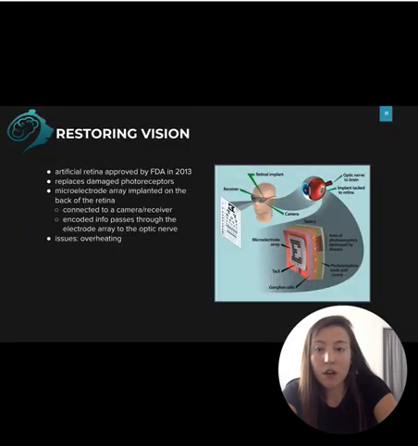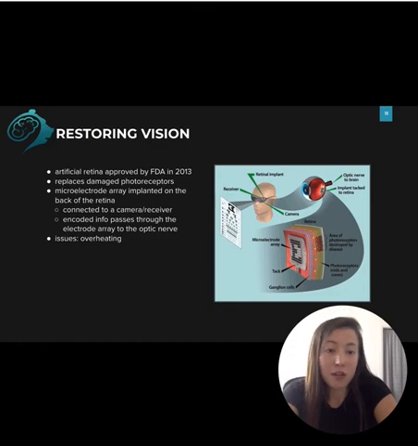So in recent years, scientists have crafted an artificial retina. There was actually one that was approved by the FDA in 2013. And these are to replace destroyed photoreceptors. So in a similar way to how a cochlear implant replaces a damaged basilar membrane, an artificial retina would replace destroyed photoreceptors.